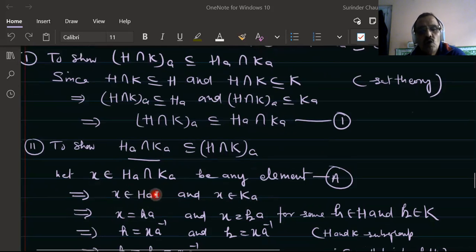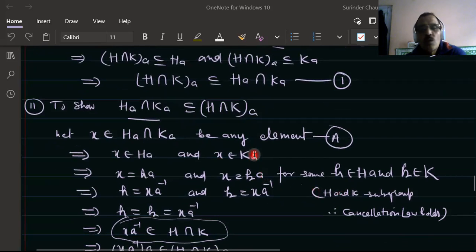If x belongs to Ha, what type of element will x be? x will be of the type h times a for some h belonging to H, and if x belongs to Ka, this implies x will be of the type k times a for some k belonging to K.